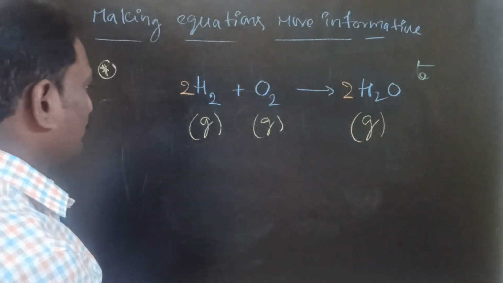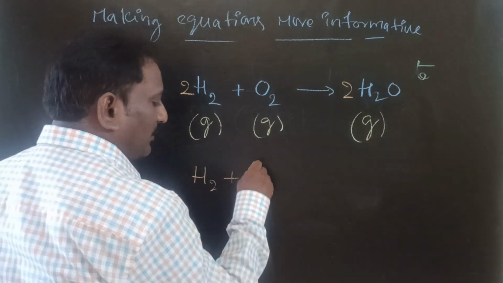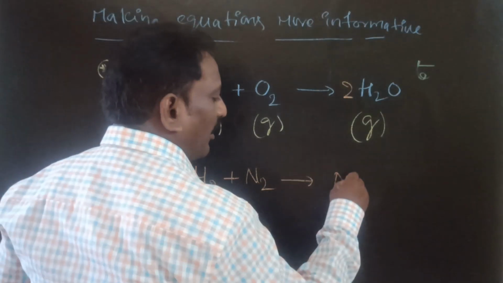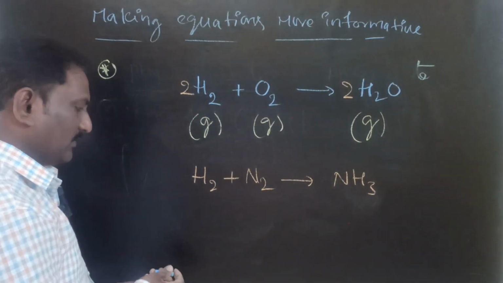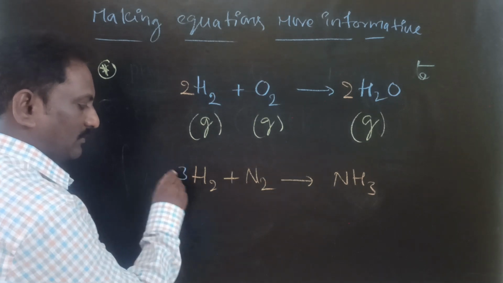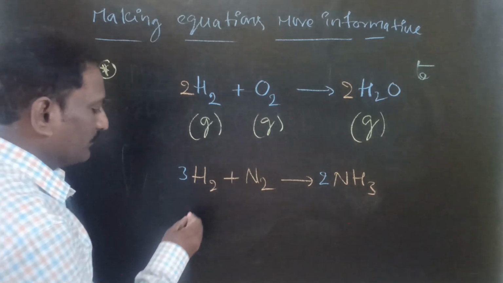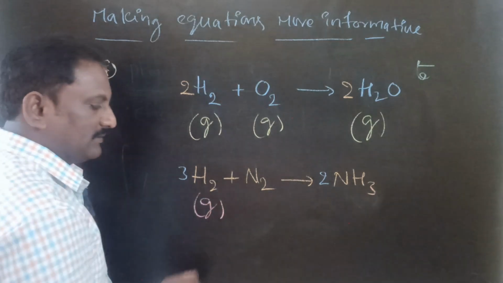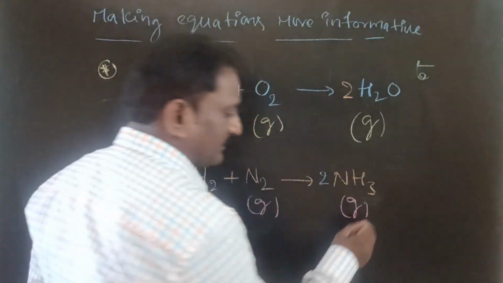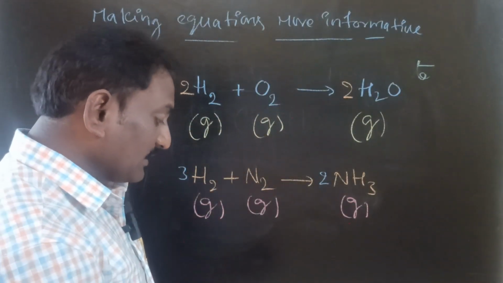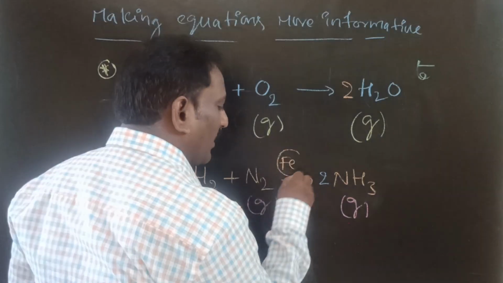Next, one more example. Hydrogen reacts with nitrogen to give ammonia. Let us balance the equation first of all. This one is a balanced equation. In this one, hydrogen is in gaseous state, nitrogen is a gas, and ammonia is also in gaseous state. But the reaction condition is that it occurs in the presence of iron.